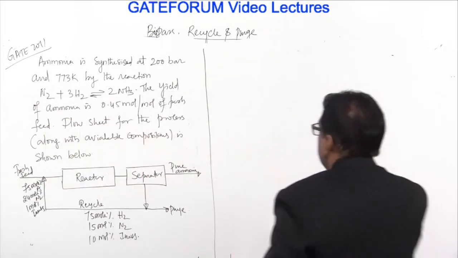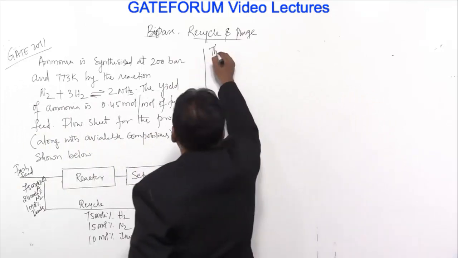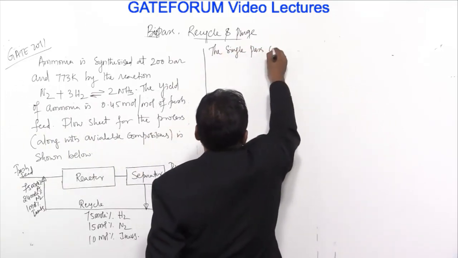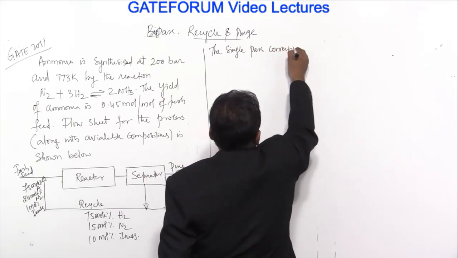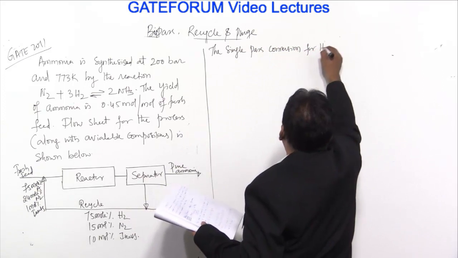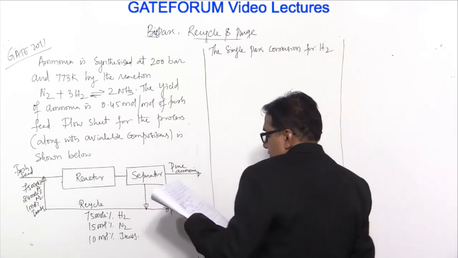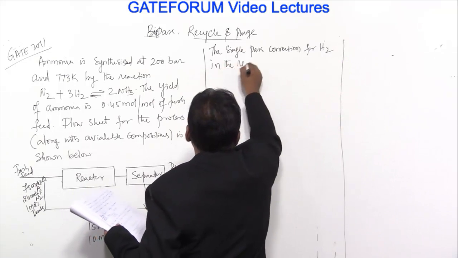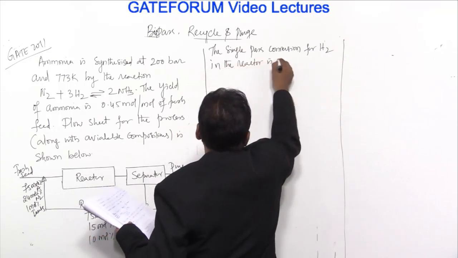The single pass conversion for H2 in the reactor is 20%.